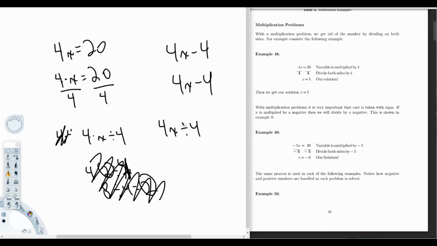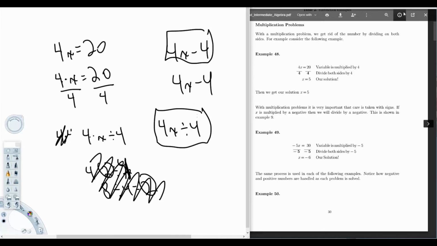Now, this is the confusing part. When you're multiplying, like here, remember we couldn't do anything with 4x minus 4. Here, because we're multiplying and dividing, if I have 4 planes and I take those 4 planes and divide by 4, I have 1 plane left.